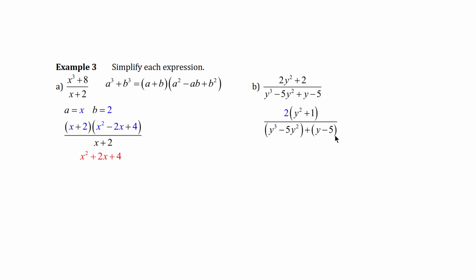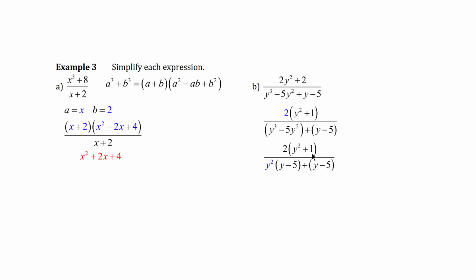Next, we could factor out a common factor of y squared from the first grouping in the denominator. We get y squared times parentheses y minus 5 plus parentheses y minus 5. And then on the numerator, we still have 2 times parentheses y squared plus 1.